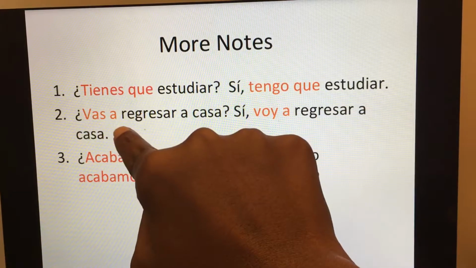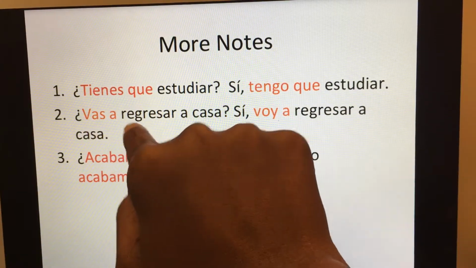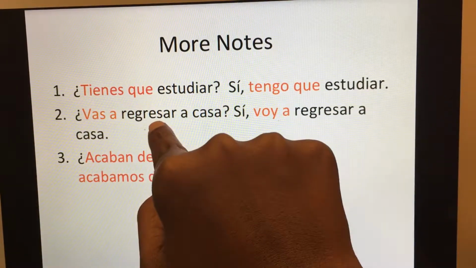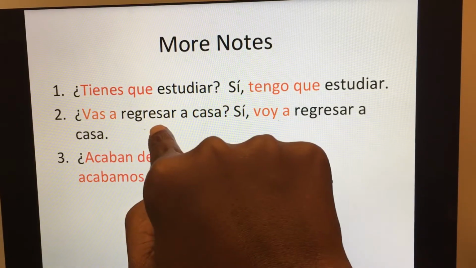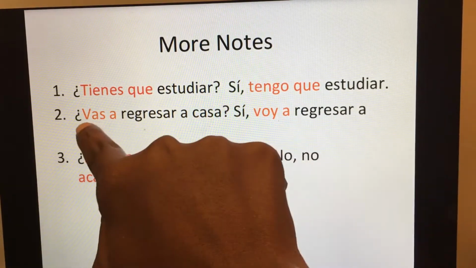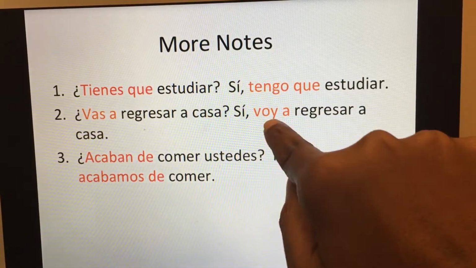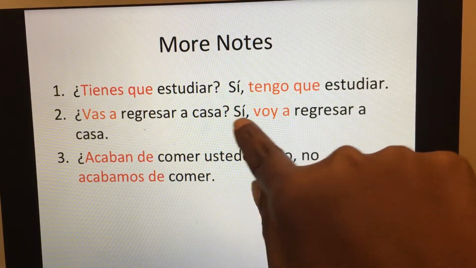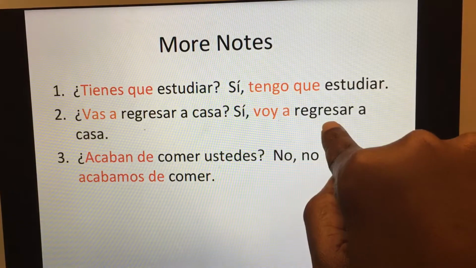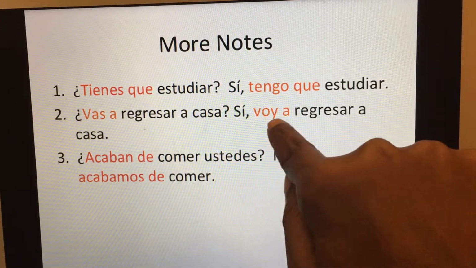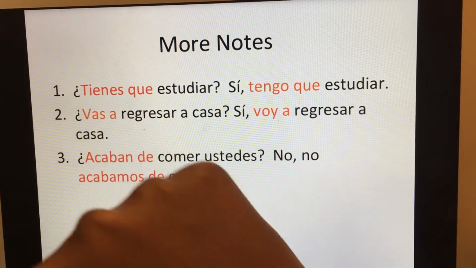Vas a. Are you going? Are you going to return? Vas a regresar a casa. Are you going to return home? I'm asking you. You respond back with the yo form. Sí, voy a regresar a casa. I am going to return home.